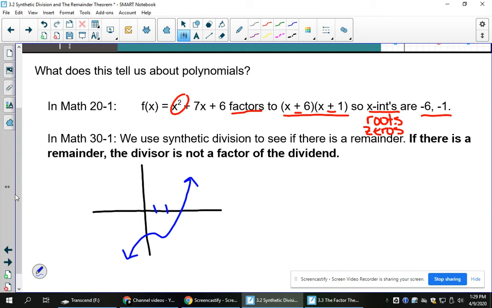How do we know that it's not on the graph? Well, we got a remainder. So the only thing that will tell us that an x-intercept is on the graph with this method is a remainder of 0. So we need to see that remainder of 0 to know that that's an x-intercept. So by seeing a remainder of negative 1 on the last question, we know that the root of 2 that we started with is not an x-intercept.